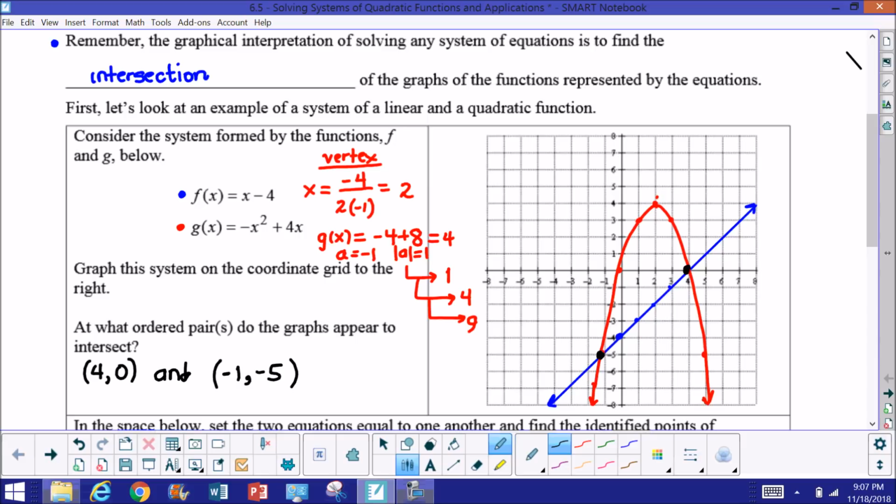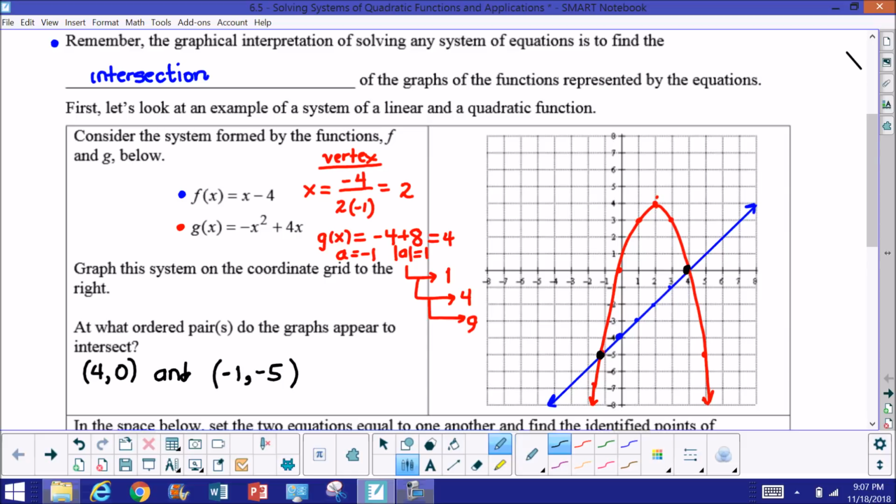Now, I don't advocate using this method all the time because it's a little messy. You have to have a coordinate plane. You have to be, I don't want to say a good artist necessarily, but you have to be very careful in the way that you graph the parabola, because let's face it, when you graph the parabola, you are working in a freehand sort of mechanic, and you're at the mercy of how well you can connect those dots, and some of those dots can be very far apart.